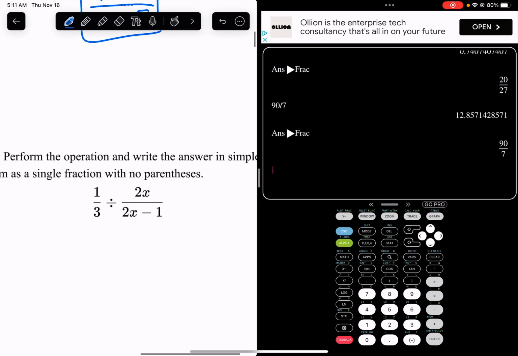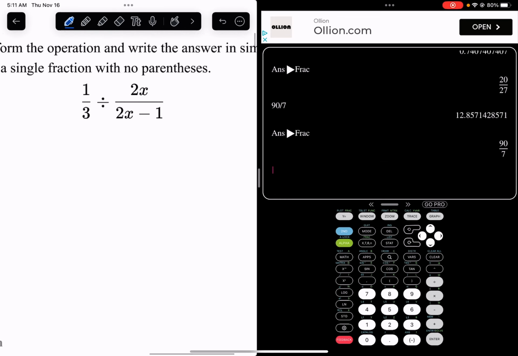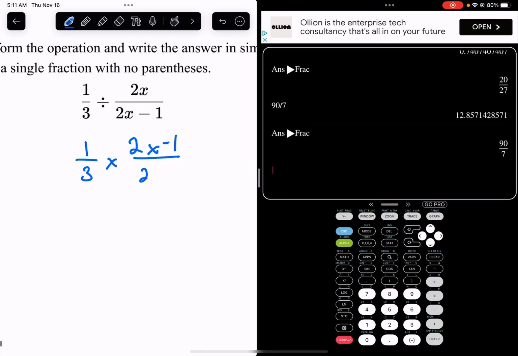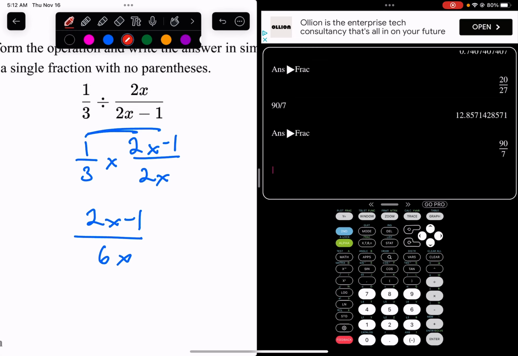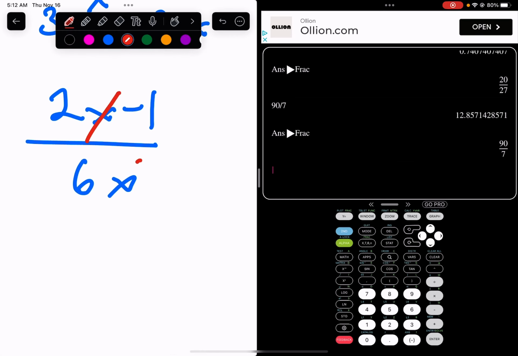All right. Then we're going to try this one out. Keep, change, flip. So we can go ahead and distribute this one, and we get 2x minus 1 all over 6x. Now, I know some of you guys, and I probably should have pointed this out in an earlier one, are going to be tempted to cancel these x's out, but you cannot do that because of this minus sign here.